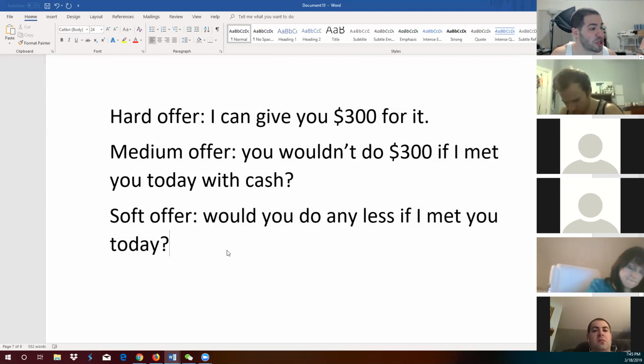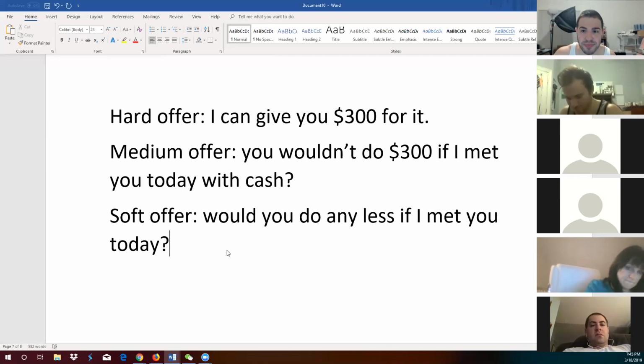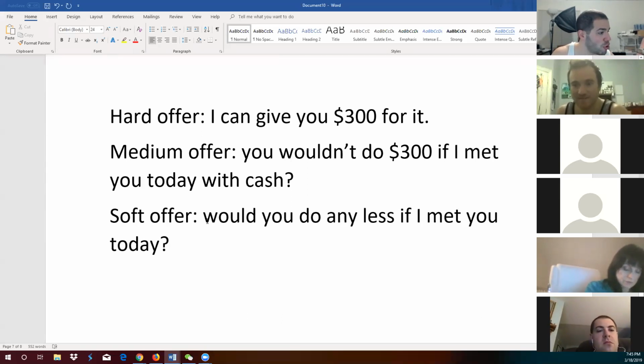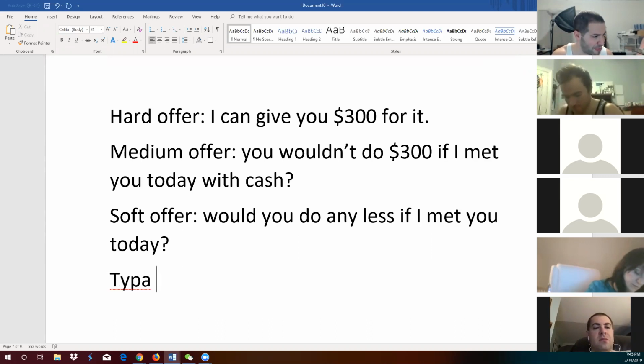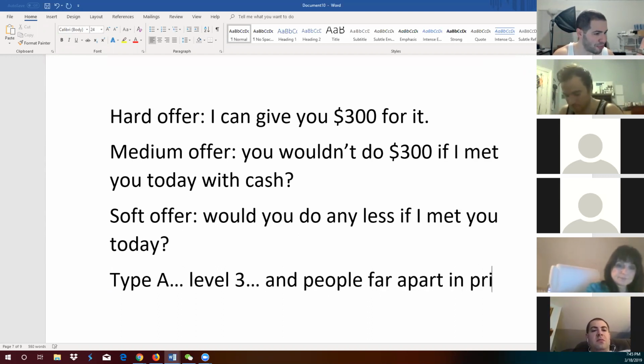And here's the advanced stuff: anyone that falls into a level 2 or 3, you usually want to make it the soft offer first. Type A personalities are level 3. So soft offers are good for type A, level 3, and people far apart in price.